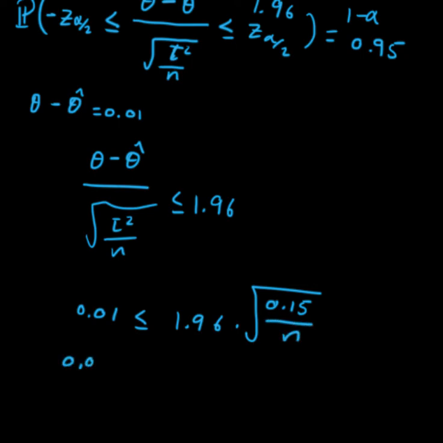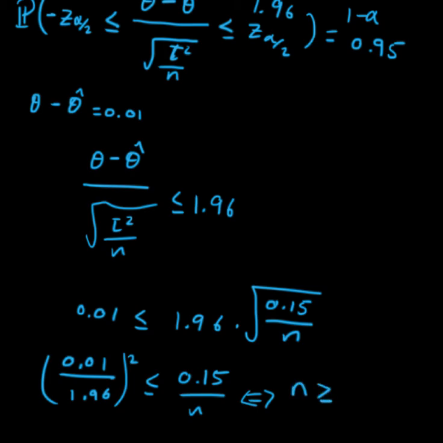So we have 0.01 divided by 1.96, bring it to the other side. We can square the whole thing to get rid of that square root, and that's going to be less than or equal to 0.15 over n. So that's the equivalent of n being greater than or equal to 0.15 divided by that whole 0.01 divided by 1.96 all squared.